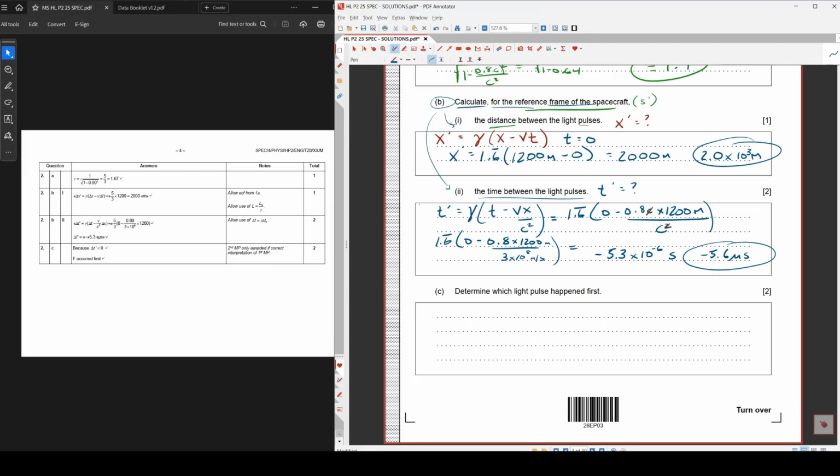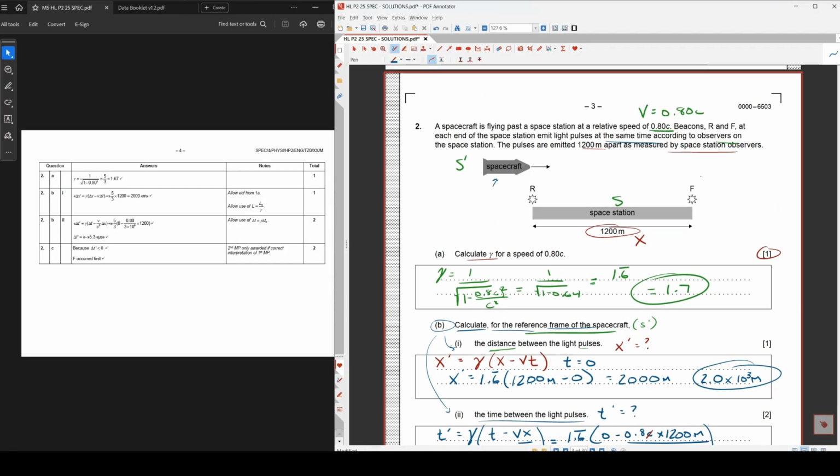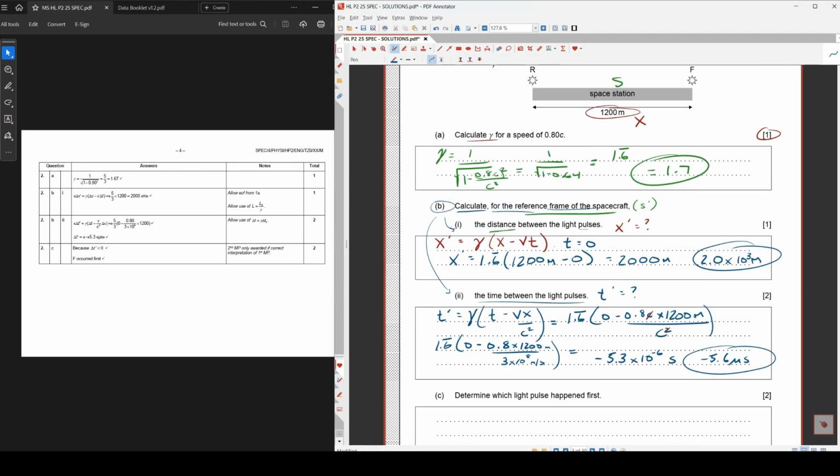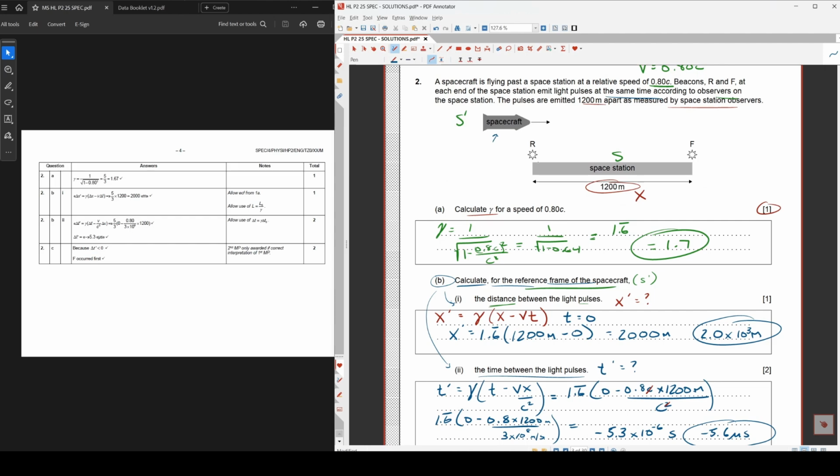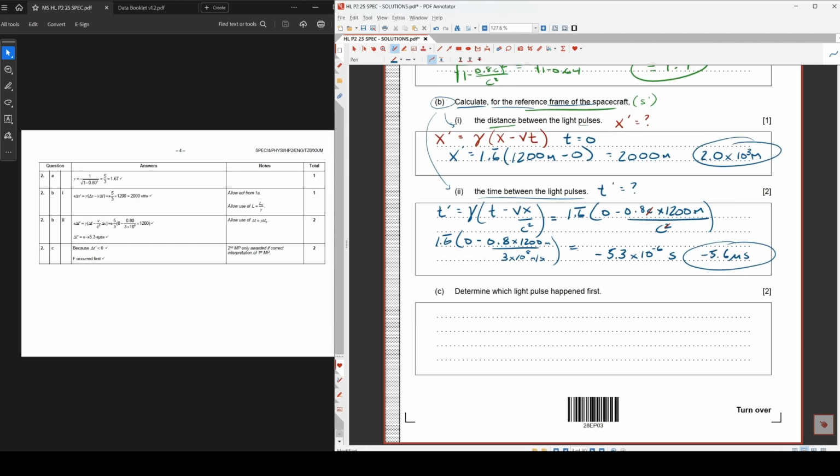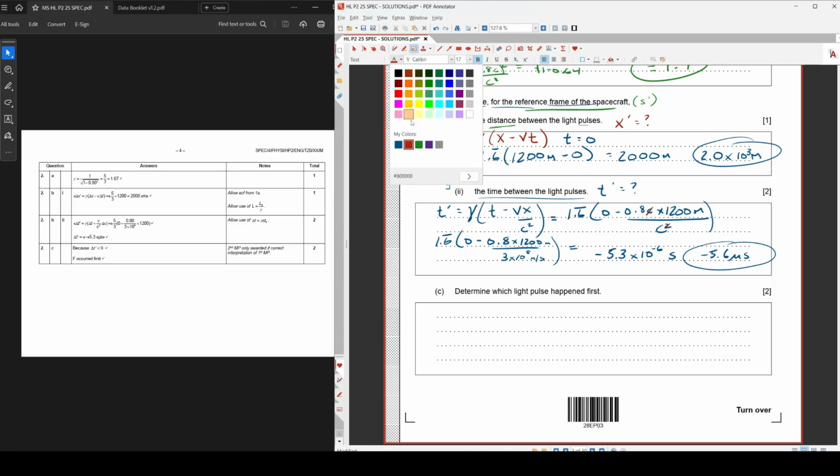So the negative is telling me that the 1200 meter event happened before R, before the 0 meter event. So we're going to say F happened first, and because the answer was negative, that's all we really need here.